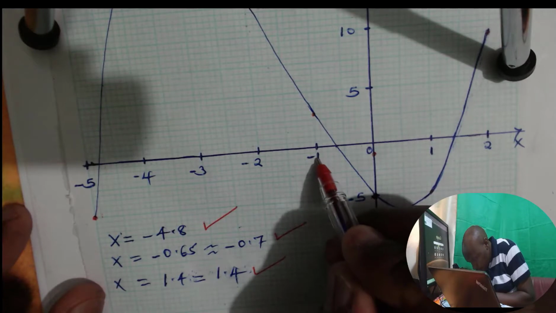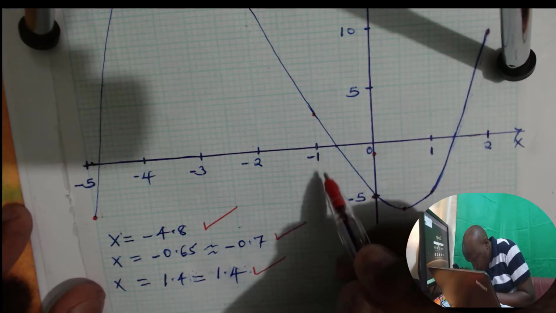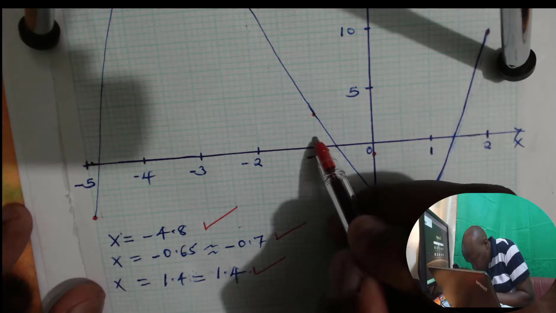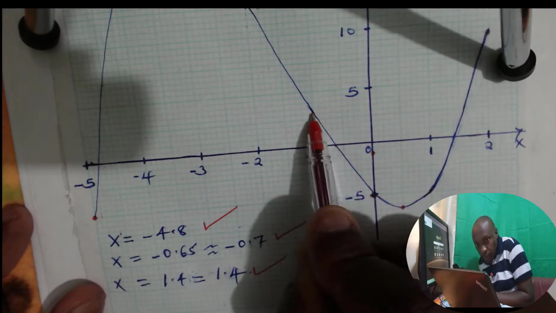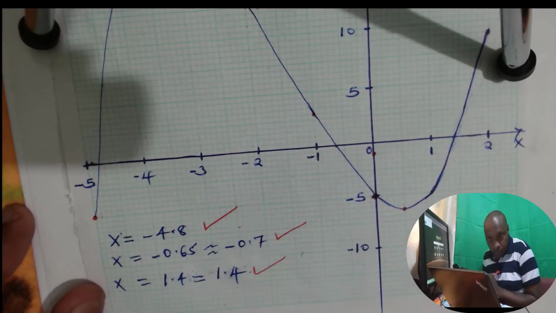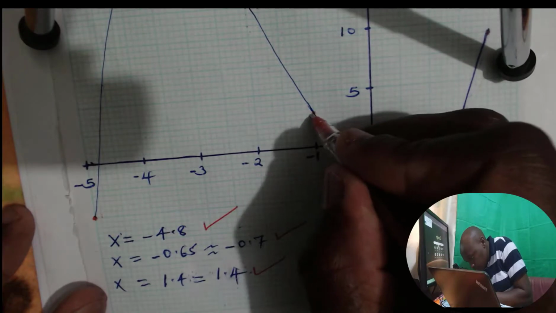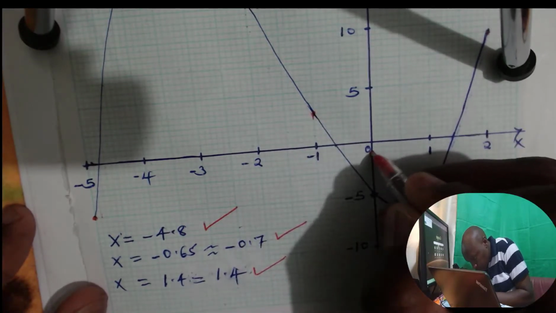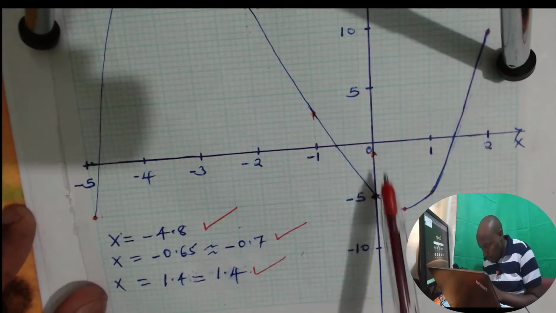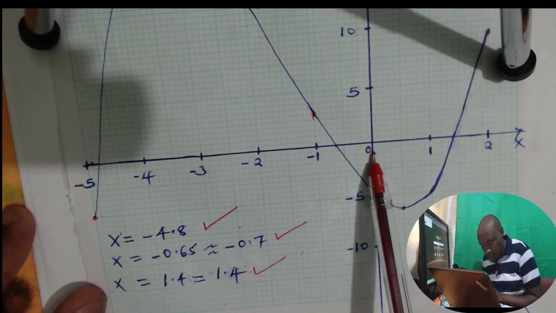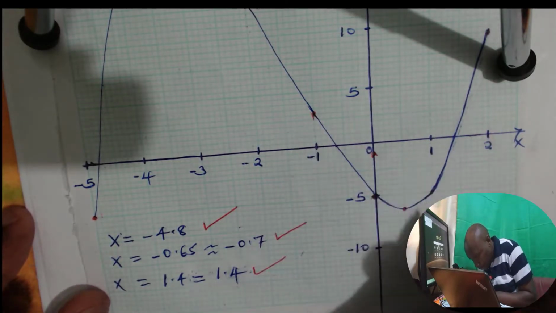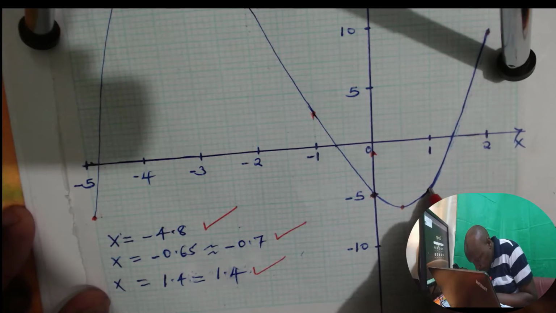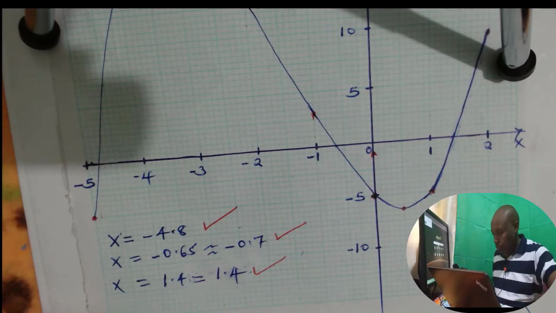This negative 1, 3 is up here, exactly at this point. And you can mark it like this so that it can be seen properly. So the first point, 0, negative 1, is here. Negative 1, 3 is there. Then the last one, 1, negative 5, is here. So those are the 3 points.